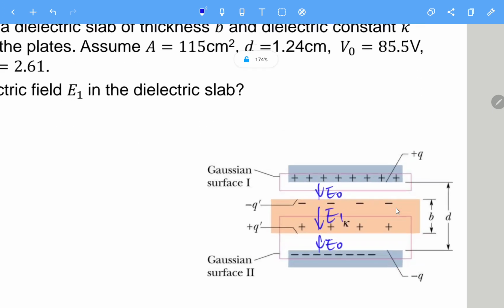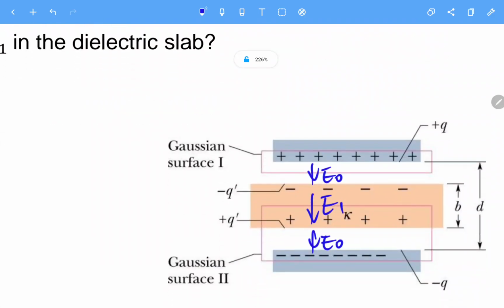Maybe you will ask whether we can make Gaussian surface 2 like this, fully symmetric to that one, where this side is inside the conductor. I would say yes, you can. But the idea is that he tried to draw Gaussian surface 1 and Gaussian surface 2 in the same diagram.